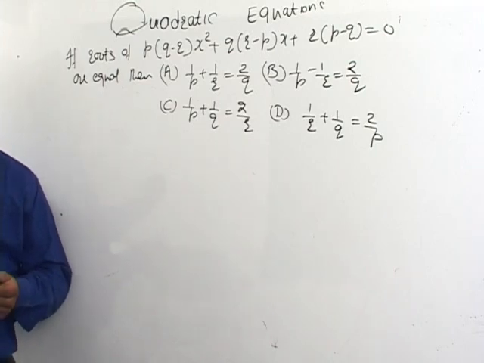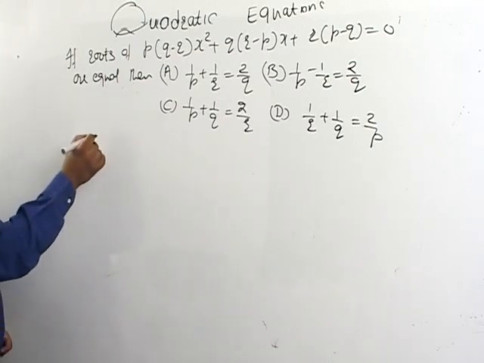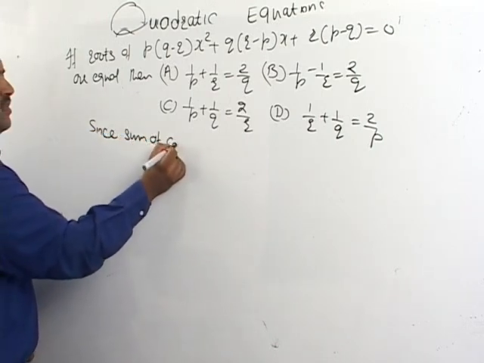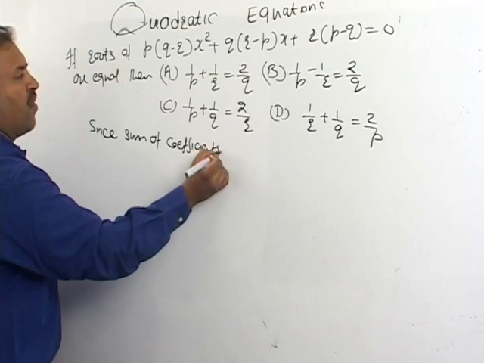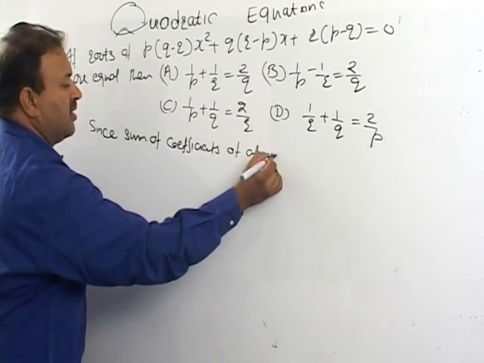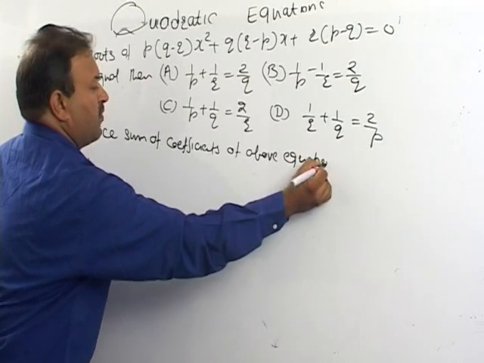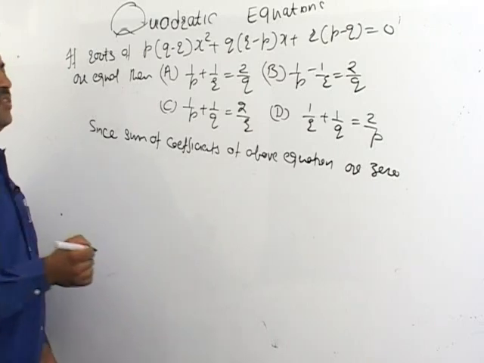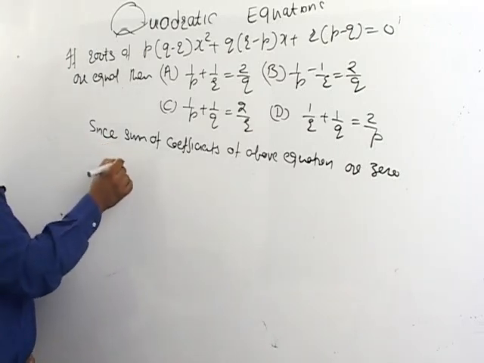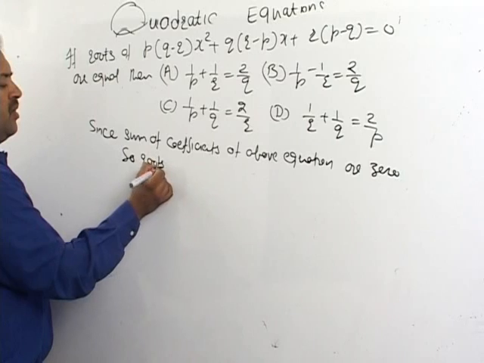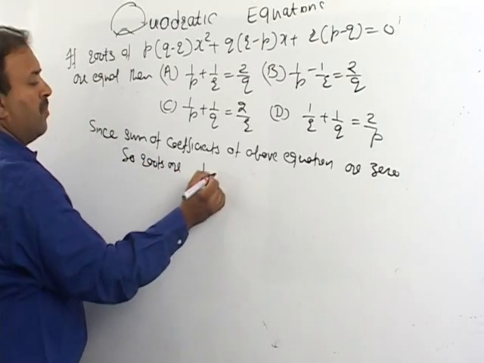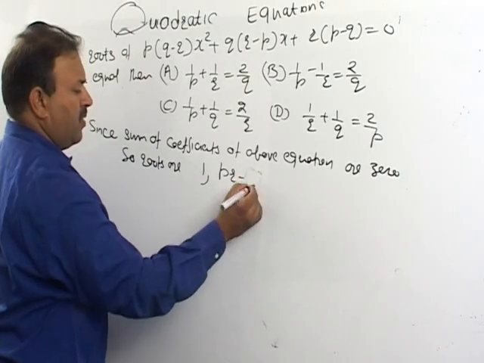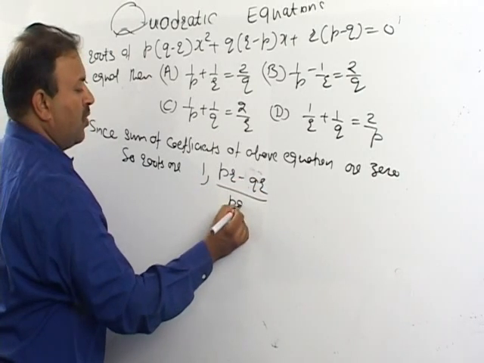Now we'll apply the same shortcut over here. Since sum of coefficients of the above equation is 0, the roots are 1 comma (pr minus qr) upon (pq minus qr).